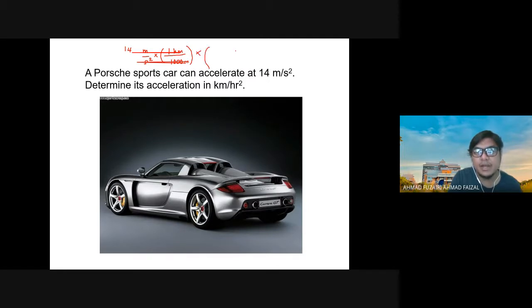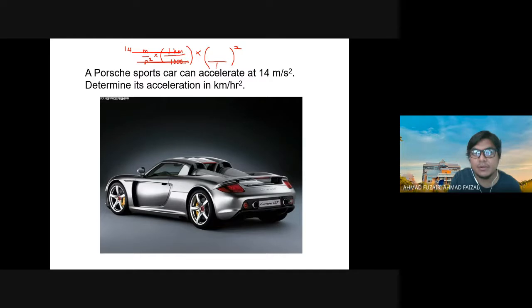Tinggal second square. Kalau yang ada square, ada cube, ada yang power ni, first of all, what I'm doing now is I just put it at the outside square. Saya letak dekat bahagian luar square tu. So square dekat bahagian bawah, s square, is equivalent to, I want to change to hour.